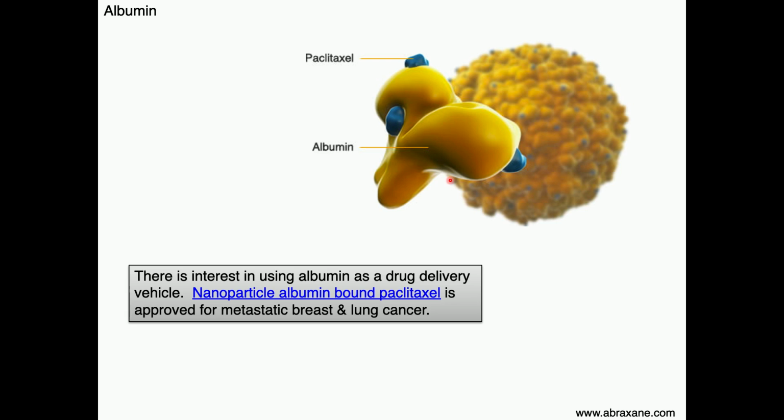There is a drug called Abraxane, which is a big clump of many albumin molecules all polymerized together and then linked to the paclitaxel cytotoxic drug that stabilizes the microtubules, as we discussed earlier. The idea here is that conjugating the paclitaxel to the albumin will increase the concentration of that drug in the tissue where it belongs, rather than in the circulation where it's not really doing much for a breast cancer patient.